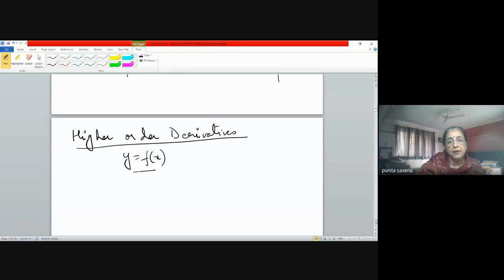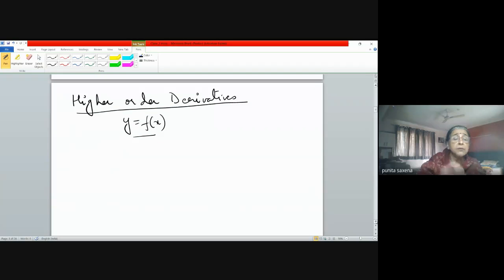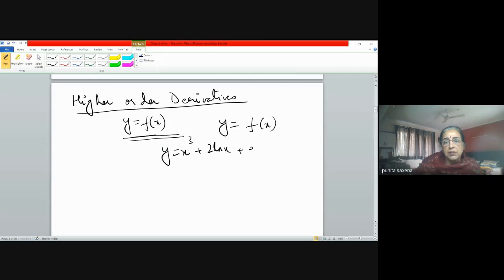Now, sometimes what happens is that it's easier to express your function explicitly in terms like this. Like you can straight away write y as some function of x. Like, for example, I can write y equal to x cubed plus 2 log x plus e to the power 5x. There's nothing wrong in it. I've simply expressed y as some function of x, right?